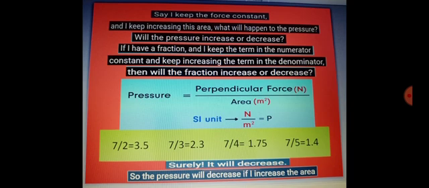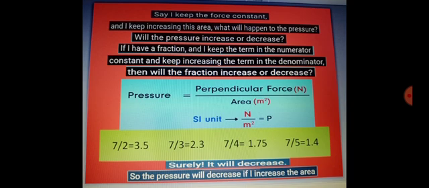Say I keep the force constant and I keep increasing the area. What will happen to the pressure? Will the pressure increase or decrease? If I have a fraction and I keep the term in the numerator constant and keep increasing the term in the denominator, then will the fraction increase or decrease?